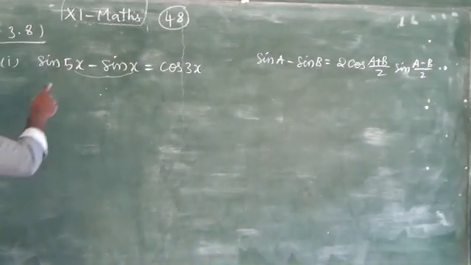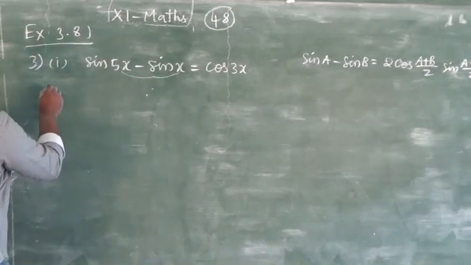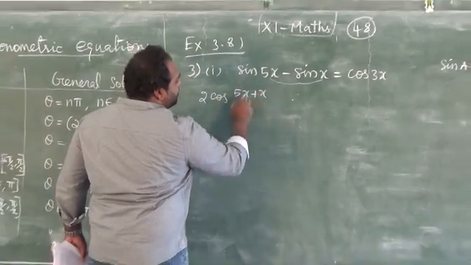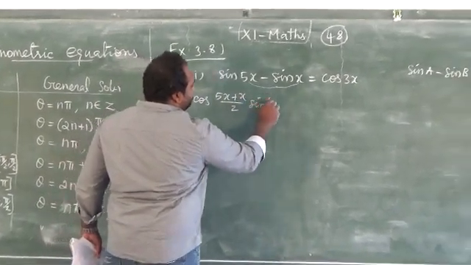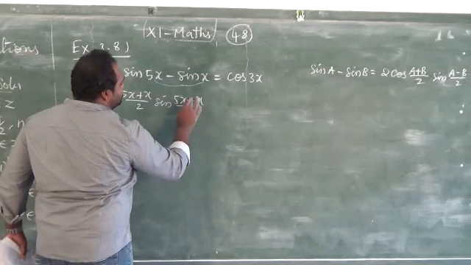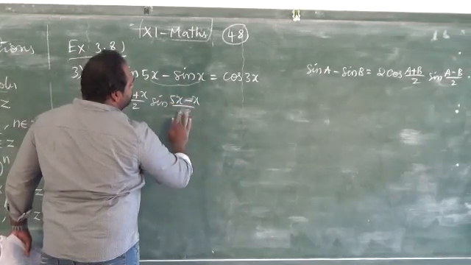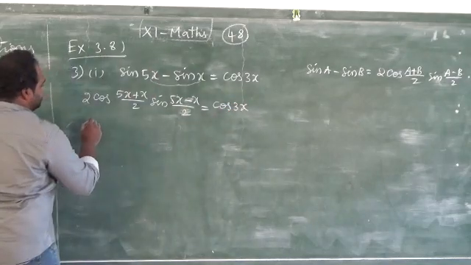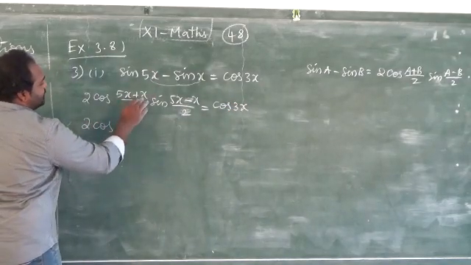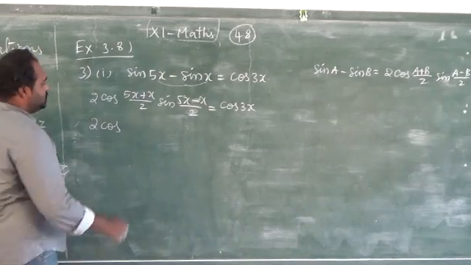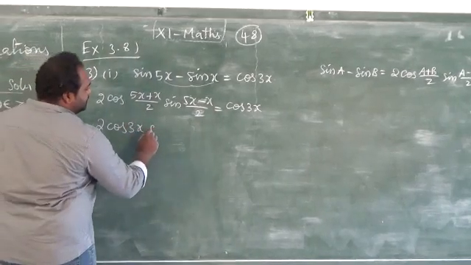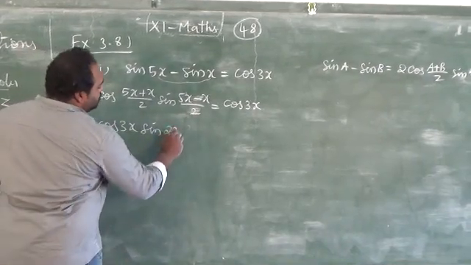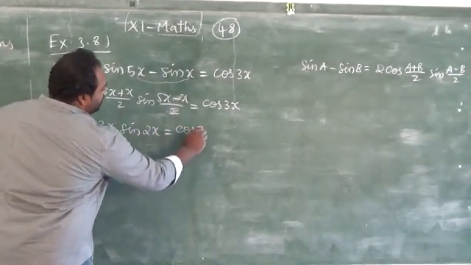Now here, 2 cos (5x plus x by 2) sin (5x minus x by 2) equal to cos 3x. In this case, 2 cos 6x by 2, that is 3x, directly I can write 5x minus x, 4x by 2, 2x, equal to cos 3x.